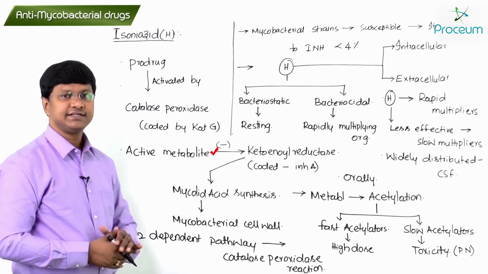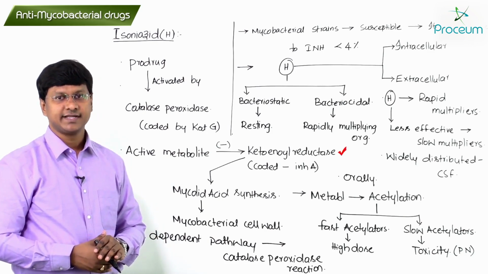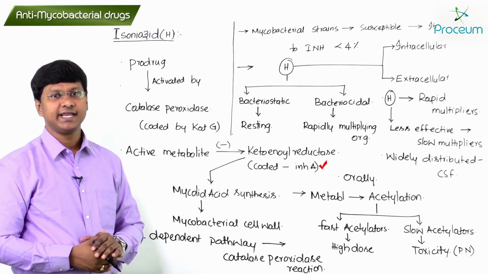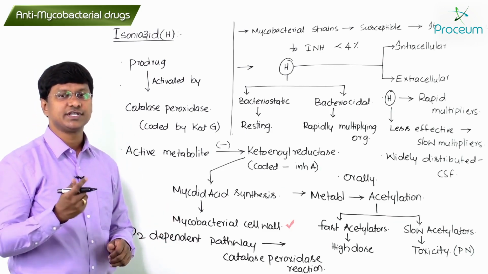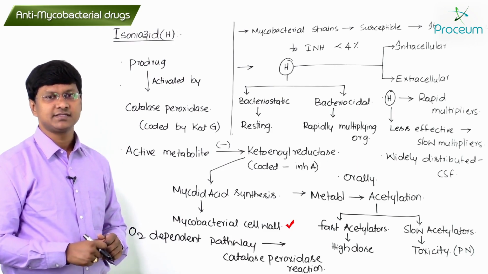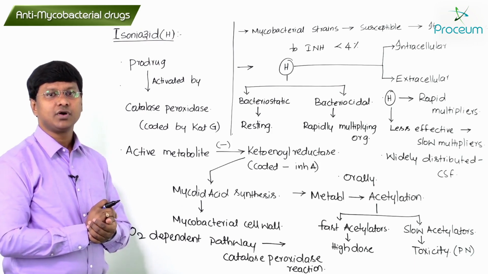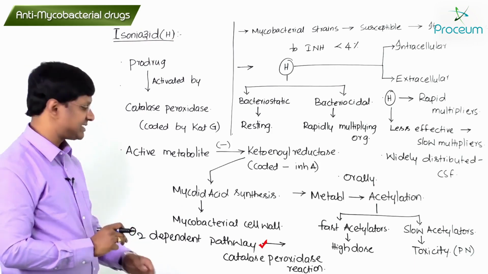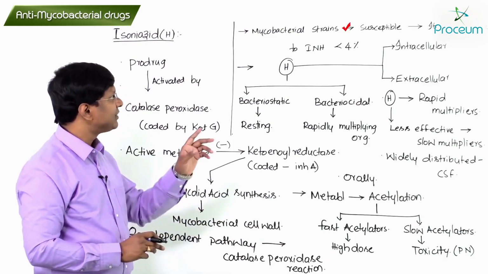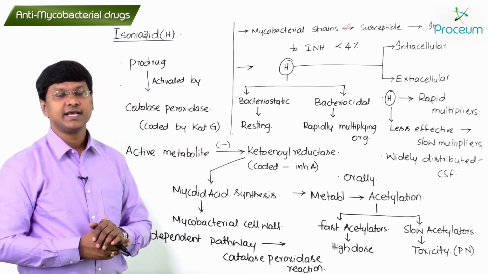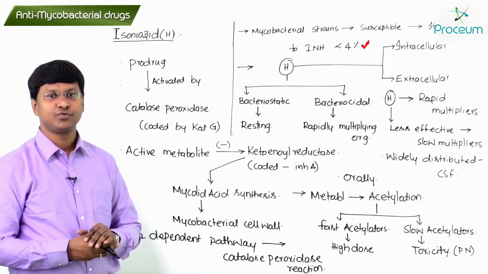This active metabolite inhibits the enzyme keto-enoyl reductase, which is coded by INHA and is required for mycolic acid synthesis, an essential component of the mycobacterial cell wall. It acts by the oxygen dependent pathway, such as the catalase-peroxidase reaction, and mycobacterial strains are assumed to be susceptible to isoniazid if the resistance is less than 4%.